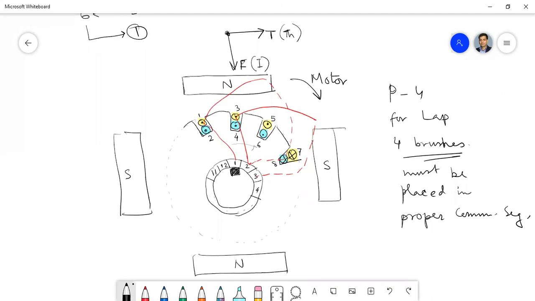Under north pole you should have dot, under the south pole you should have cross. Have you understood this point? Have you understood? Yes, sir. Okay.